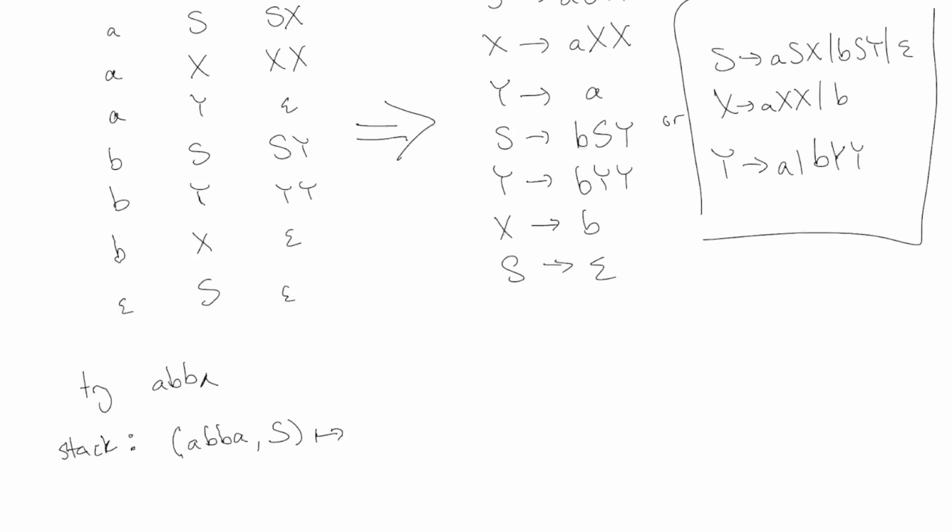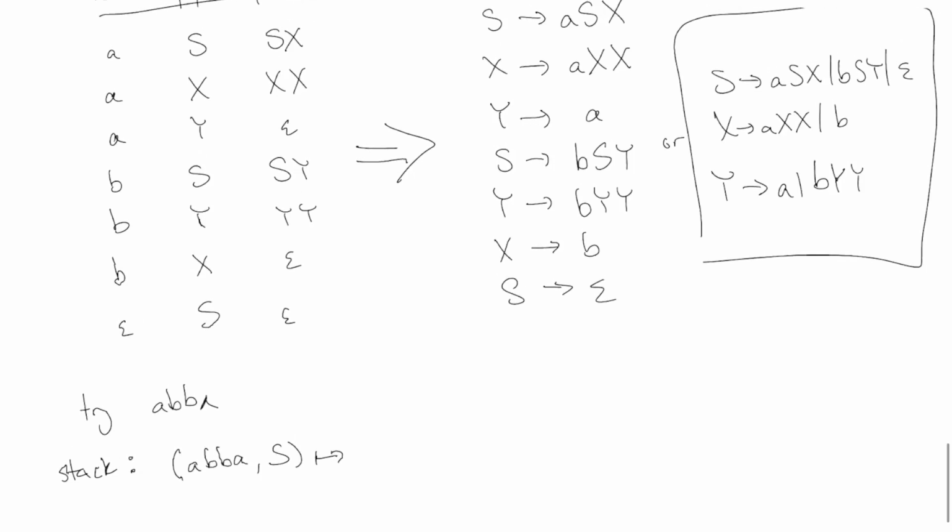All right, which step should I do? I think actually there's only one step to do at this point. It's the first step on the stack machine: read A, pop S, push SX. So I'm going to do that one. Maybe I'll put numbers on the rules. So this is step 1 I'm doing first. BBA, SX. Right?